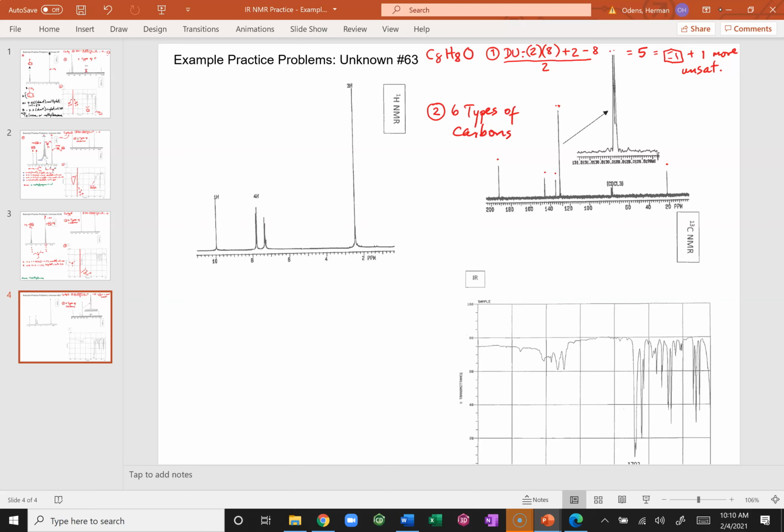So that means there's 4 carbons that are equivalent, 2 and 2. All right? So that's why I have only 6 unique types of carbons. This stumpy here is a triplet. That's the chloroform reference. Ignore that.